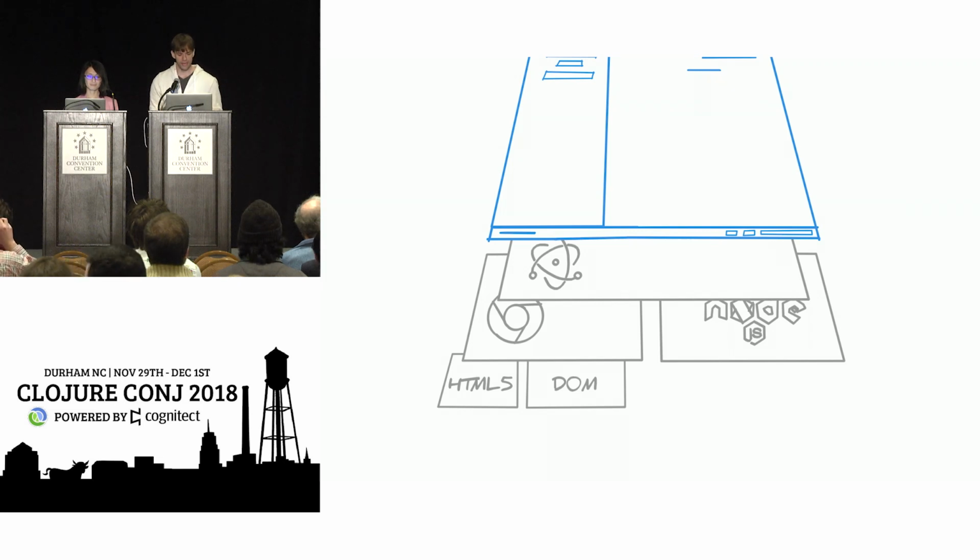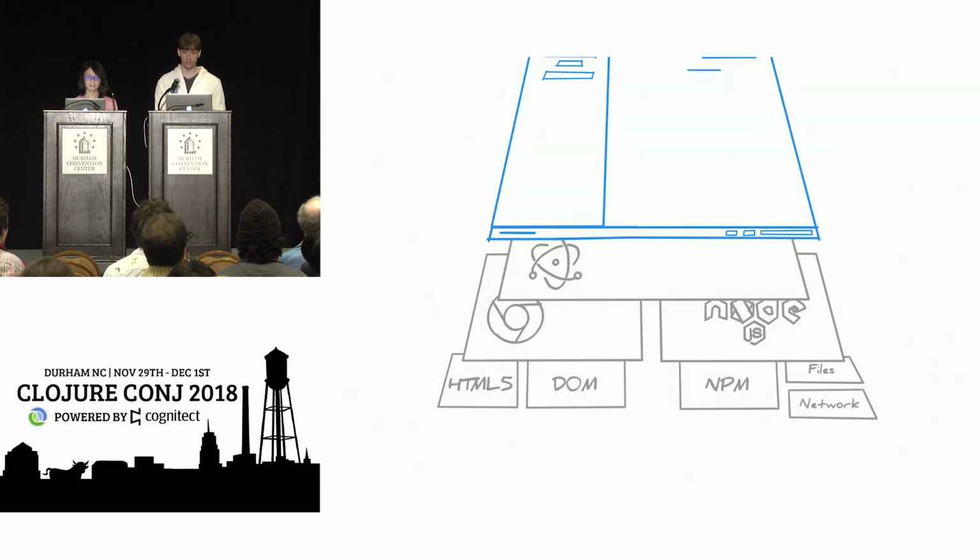Yeah. If Emacs's philosophy is everything's a text buffer, then Atom's philosophy is everything's a web mashup. As far as Node.js goes, this is also great because it gets us access to all the npm modules we might want, as well as full file system access, real networking, and real sockets, not just web sockets. So this looks like a great place to jam in some ClojureScript and make some tools.